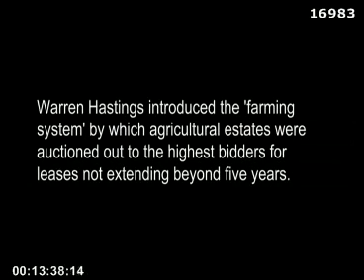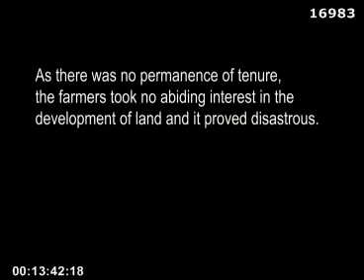These were auctioned to the highest bidders on leases for 5 years. But as there was no permanence, these revenue farmers took no abiding interest in land, because they knew that their control over land would be only for a period of 5 years and not more than that. And that proved to be disastrous also.